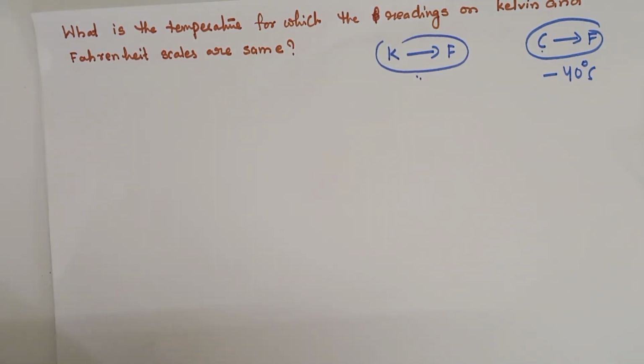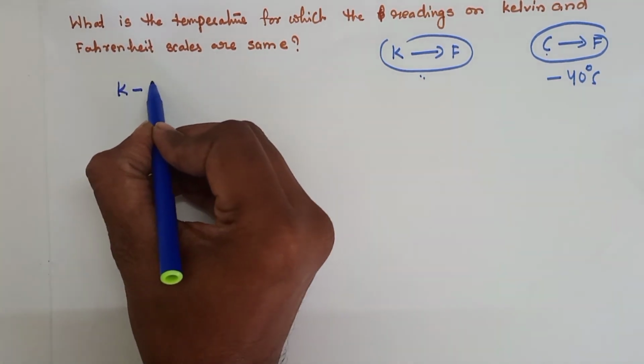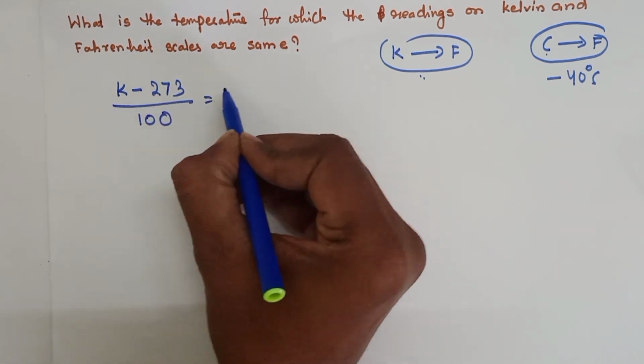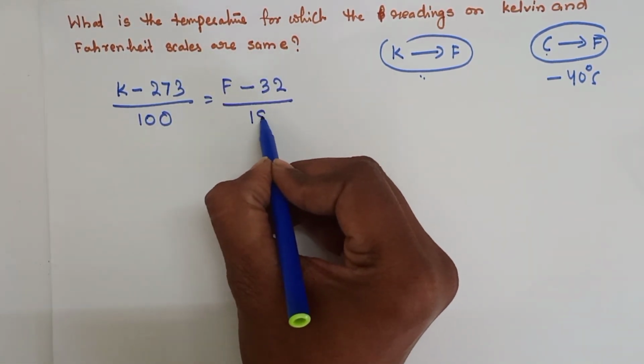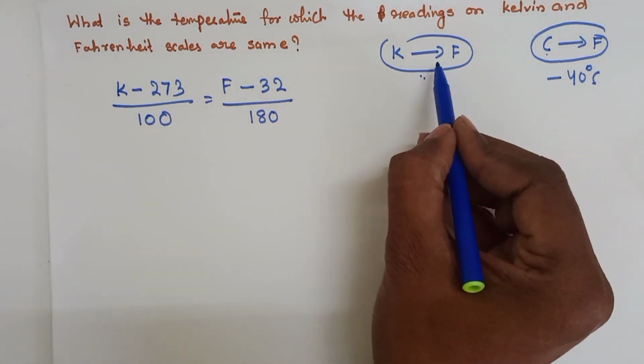Now we have to find that particular value. For the Kelvin scale, the lower fixed point is 273 and the number of divisions is 100. For the Fahrenheit, the lower fixed point is 32 and the number of divisions is 180.